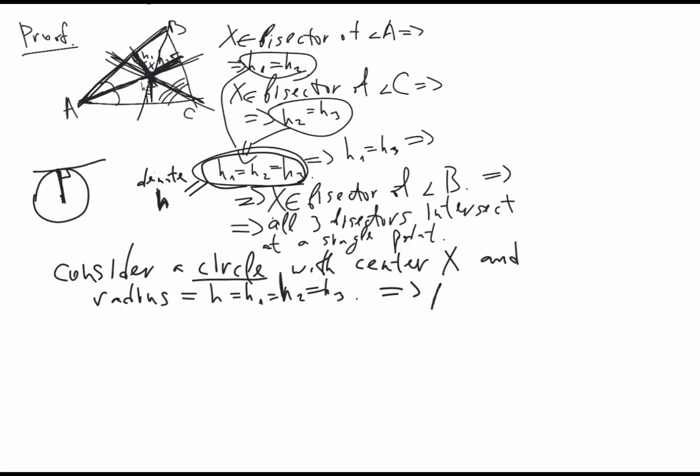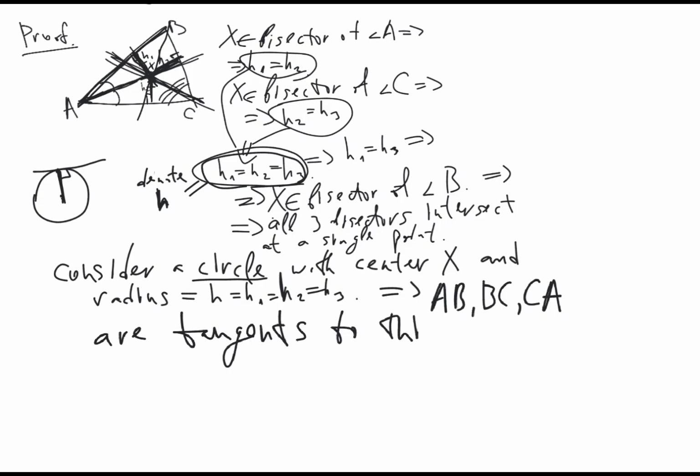So AB, BC, and CA are tangents to this circle.